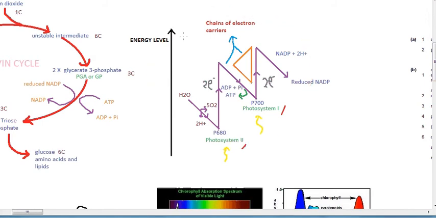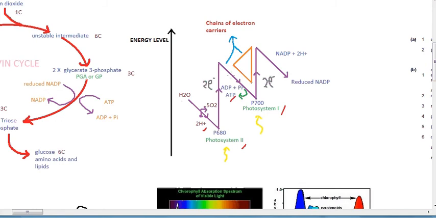So you can just store this diagram in your brain just the way it is, okay? So we have our water breaking down into oxygen and hydrogen ions in photosystem 2, which is P680, and which is the first stage. Okay, then this 2H gains 2 electrons, and its energy level goes up, and then again it comes down, and when it comes down it forms an ATP, okay?